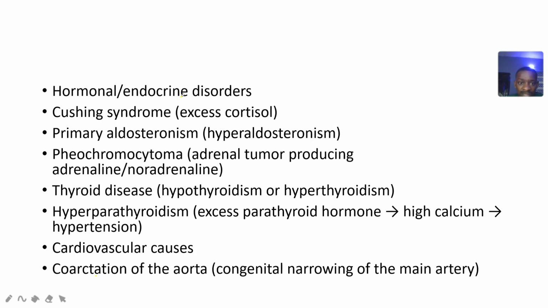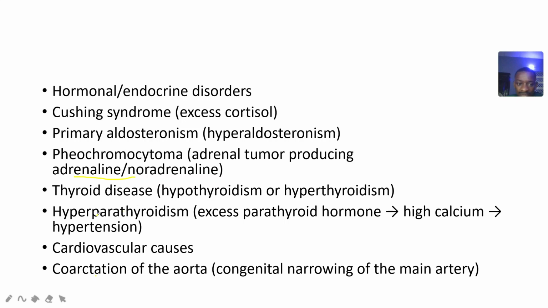Also, hormonal and endocrine disorders like Cushing syndrome, where there's excess cortisol, aldosteronism, where there's too much aldosterone, and pheochromocytoma, where there's a tumor in the adrenal gland. So the adrenal hormone and noradrenaline are produced too much, and your sympathetic nervous system is being activated too much.